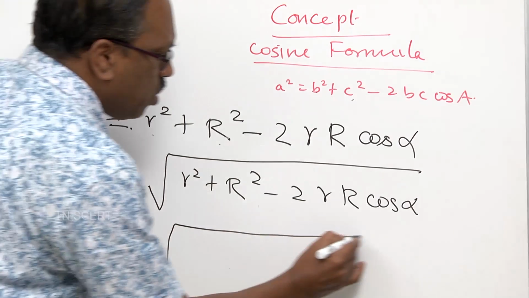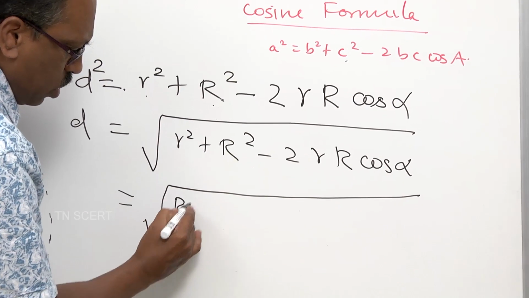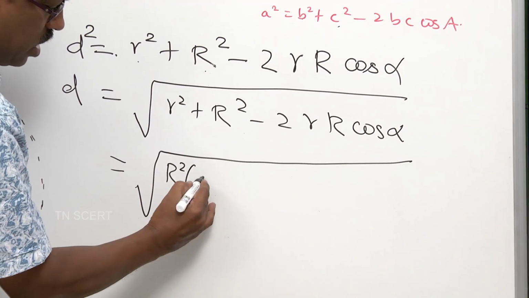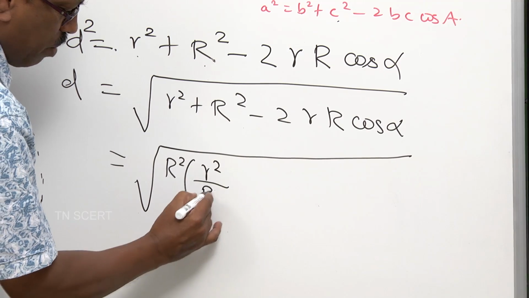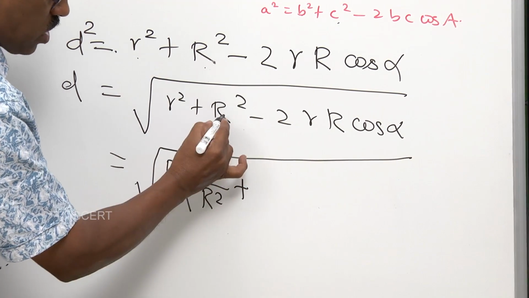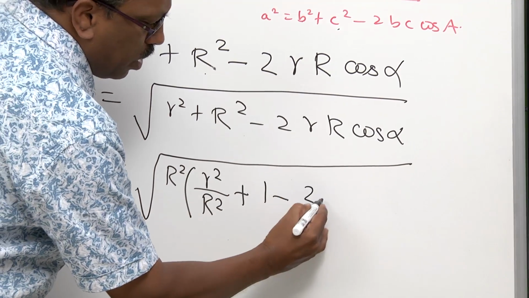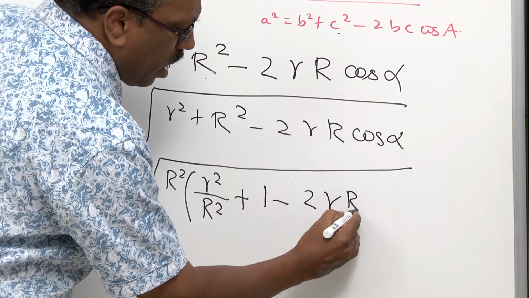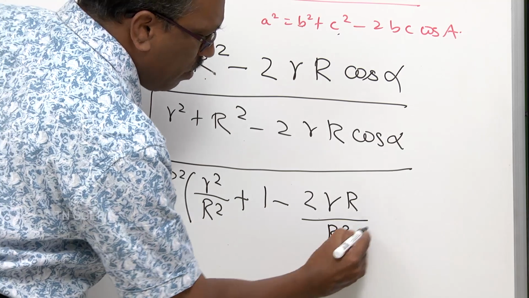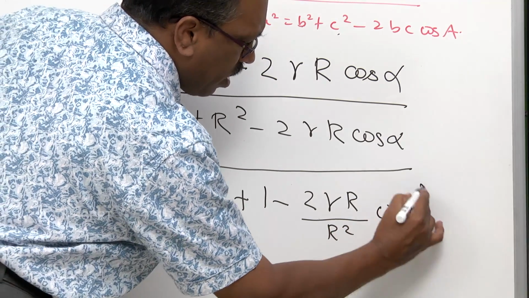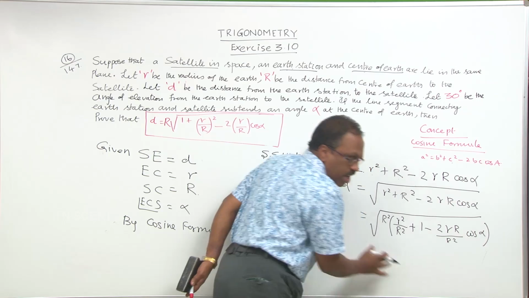If I take it, this will become 1 minus 2 into small r by capital R into cos alpha, with the small r by capital R whole square. That entire part is under the square root.